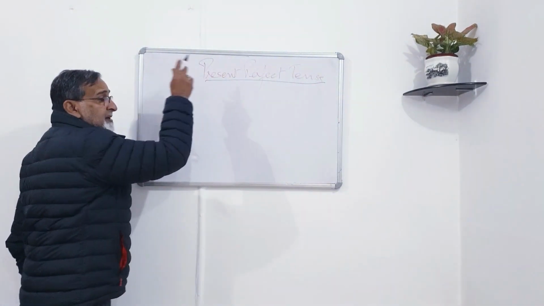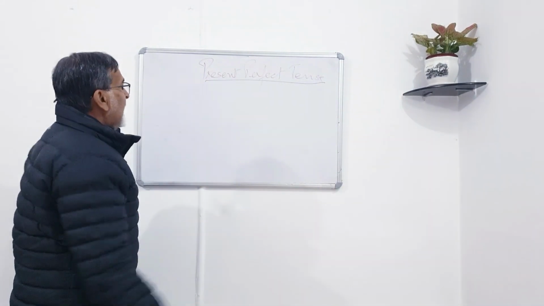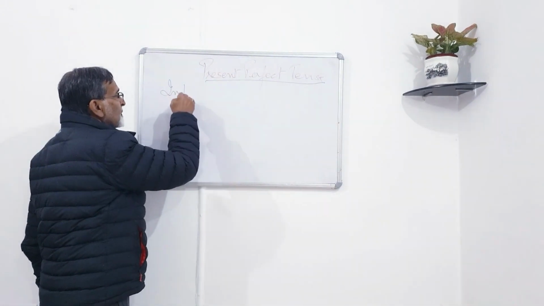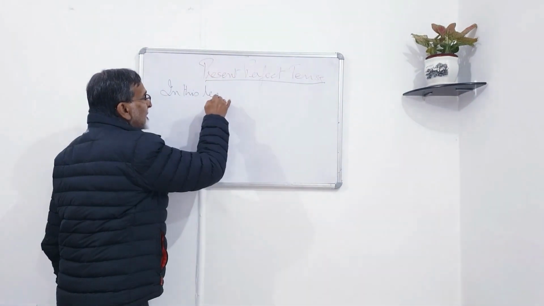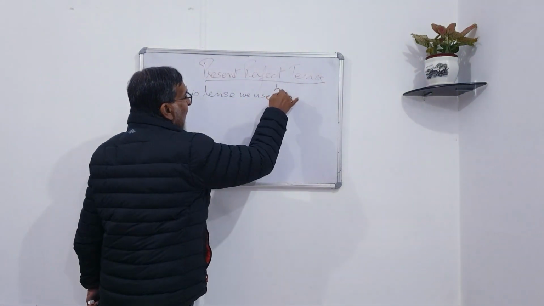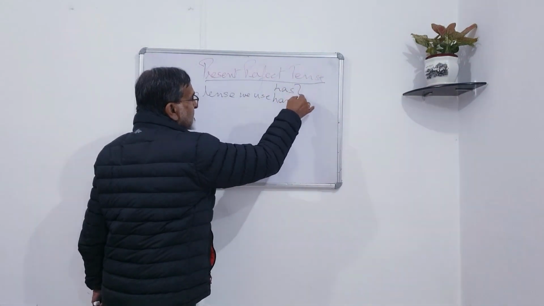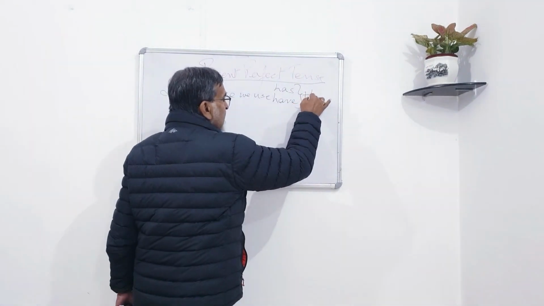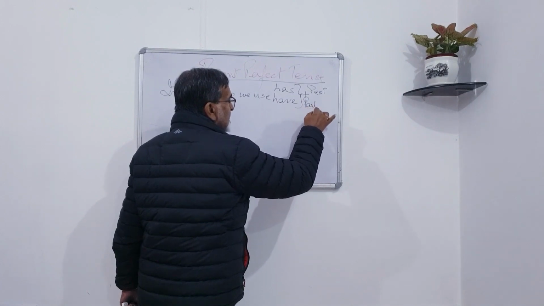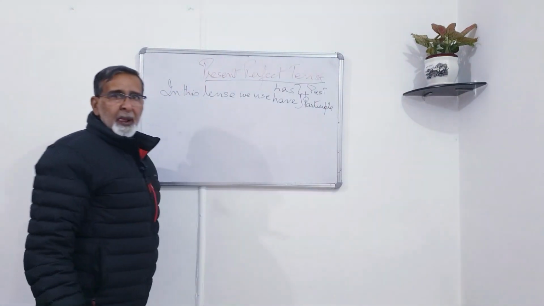Remember we are still in the present. Present perfect tense, we have done simple present tense, we have done present continuous tense, and now we are doing present perfect tense. In this tense, we use has or have plus past participle.